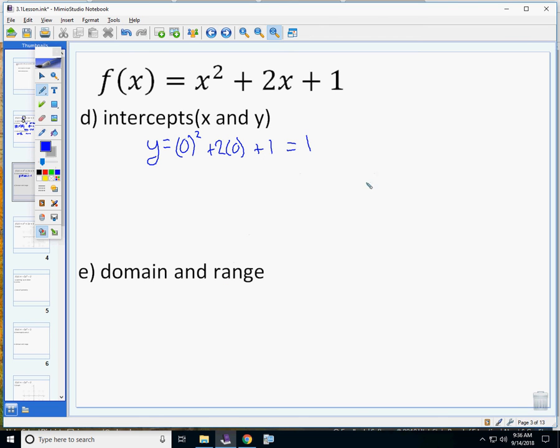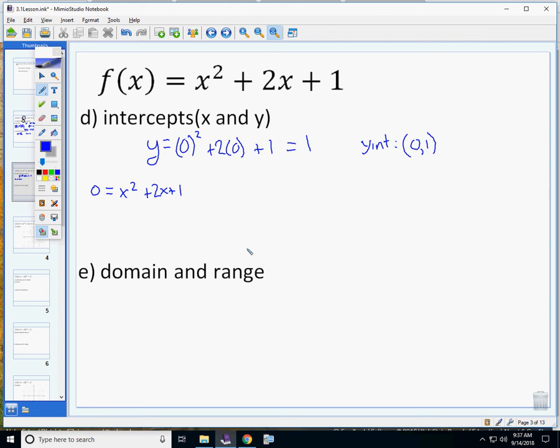The x-intercepts, those are a lot more difficult to figure out because we have to factor this equation. So I'll give a quick reminder of how to factor for most cases. So if we're going to take x squared plus 2x plus 1, we want to make that equal to 0 so that we can find the x's.